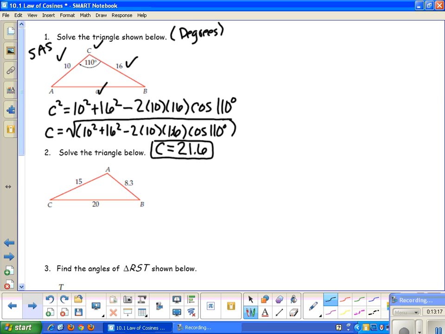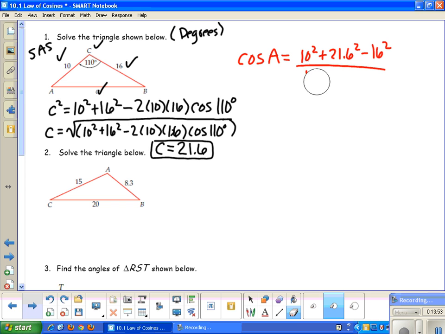Now I need to solve for angle A and angle B. If I have all three sides, I can use the alternate form for the law of cosines to solve. So let's do that. The cosine of angle A would be equal to the two sides that we know, so 10 squared plus my C squared, which we just found was 21.6, minus the side opposite the angle we're trying to find, so 16 squared, over 2 times 10 times 21.6.